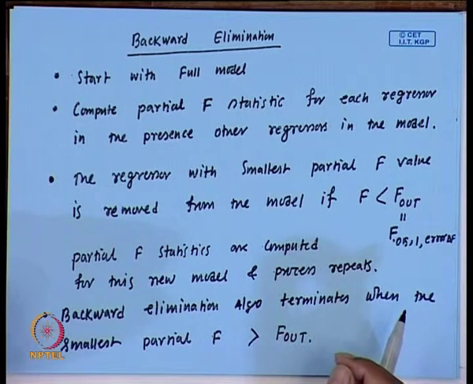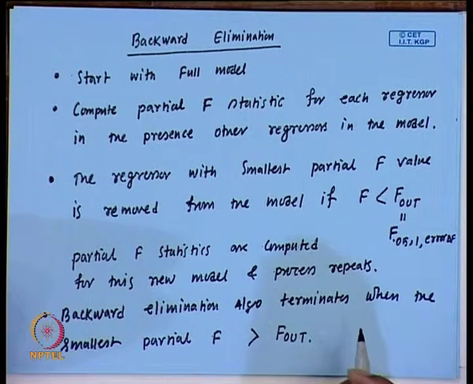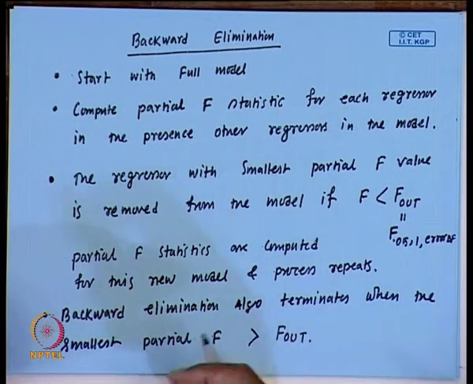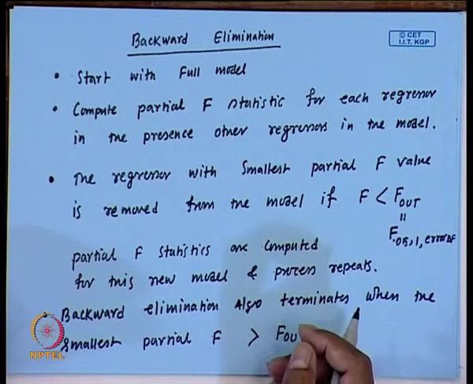regressor is less significant. So, next we look at the smallest partial f value, and if that partial f value is less than f out or less than the tabulated value, then of course, we remove that regressor from the model, and again we repeat the same process until there is a stage where the smallest partial f statistic is greater than the f out.